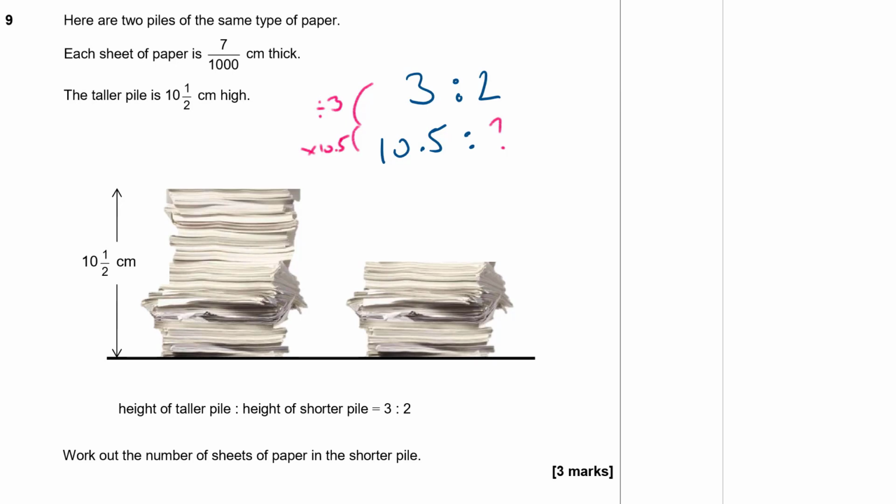That's called the unitary method, going via 1. And we're going to do the same on this side as well. So we're going to take 2, divide it by 3, and then times it by 10.5 as well. So let's get the calculator out. 2 divided by 3 times by 10.5 gives me 7.